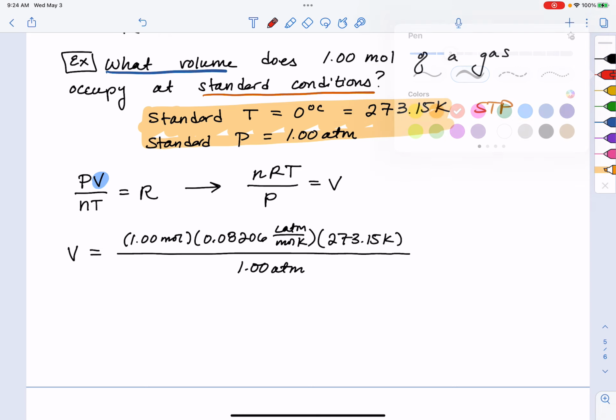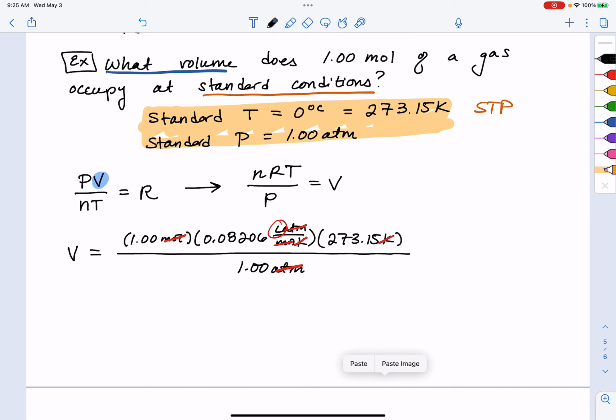Let's check our sanity with some unit analysis here. So moles and per moles will cancel. I have atmospheres over atmospheres, which will cancel, and Kelvin and per Kelvin, which will cancel, leaving behind liters. That's good. So I've got 1 times 0.08206 times 273.15 divided by 1.